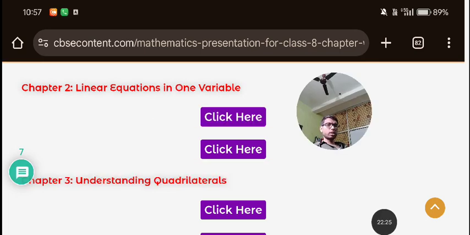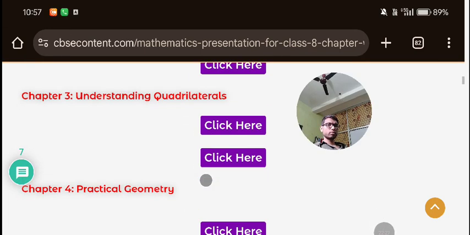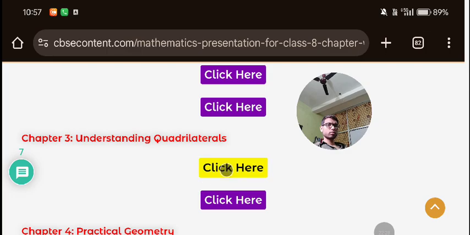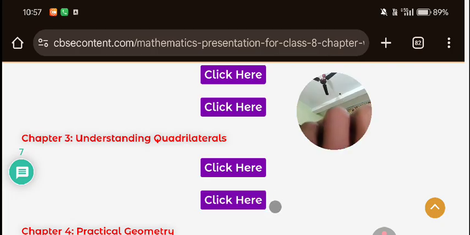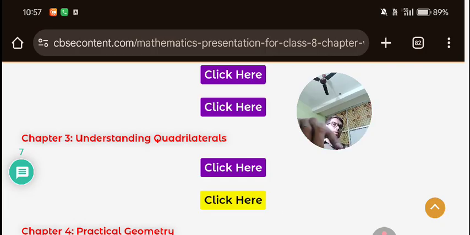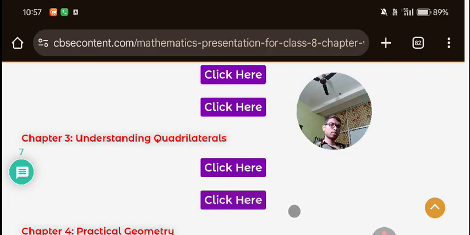Next we have understanding quadrilaterals. What happened?